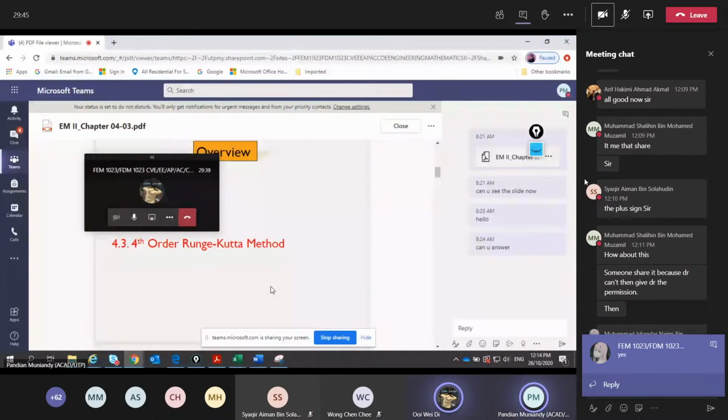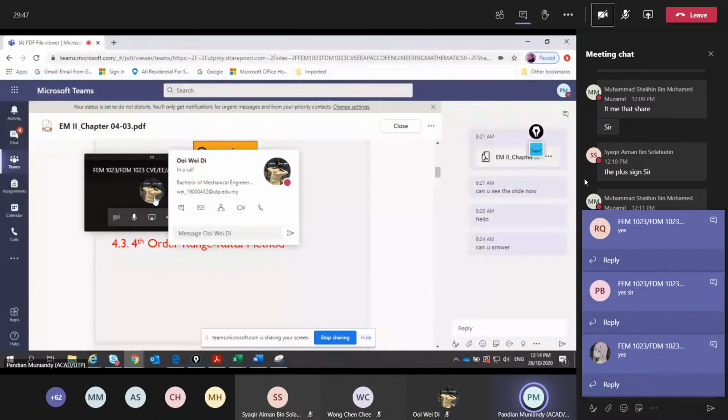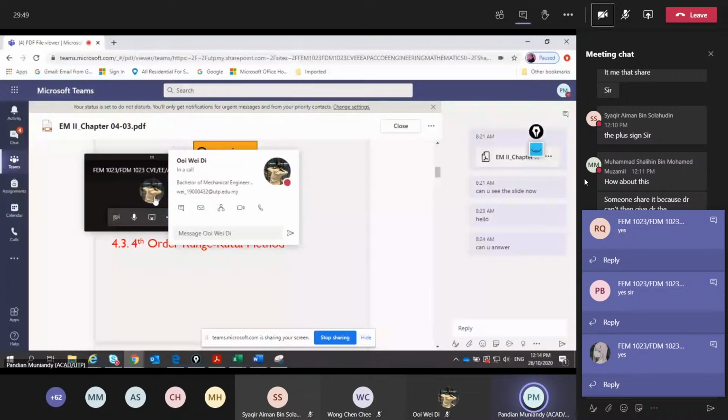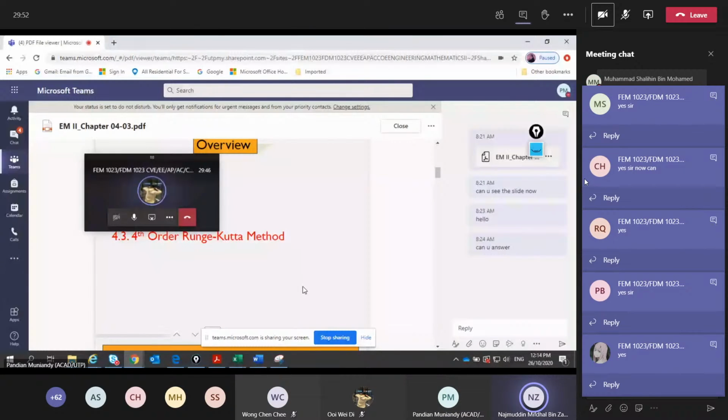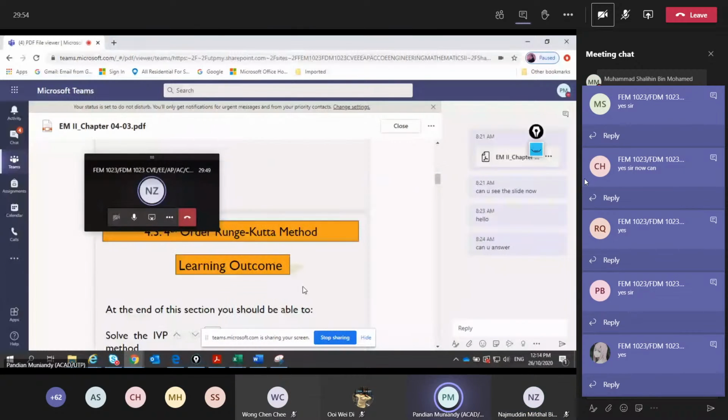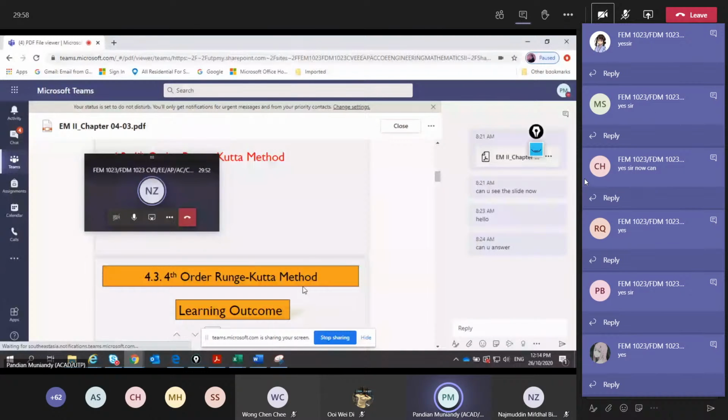Yes, we can see the slide. Fourth order Runge-Kutta method. All right, start recording.